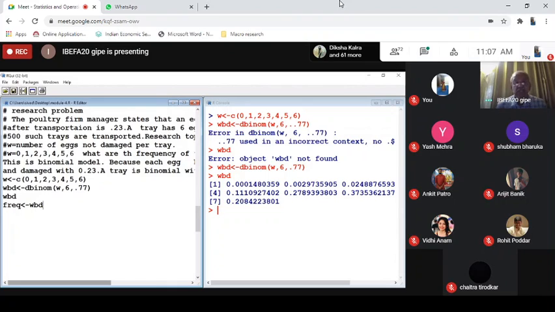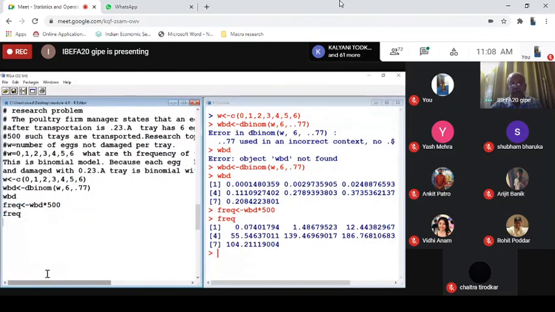Zero damaged, 1 damaged, or 0 not damaged, 1, 2, 3, 4, 5, 6 multiplied by 500. See the frequency now?